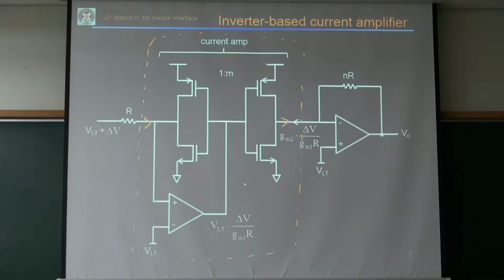Looks like the other way around, yes, this way. If a small signal current I flows in, there should be M times I current sinking at this node, if this node is connected to the DC logic threshold voltage. This is also connected to the DC level of the logic threshold voltage of this inverter.